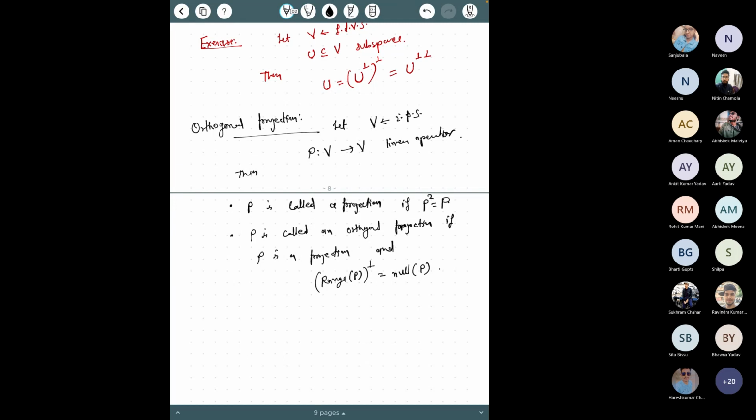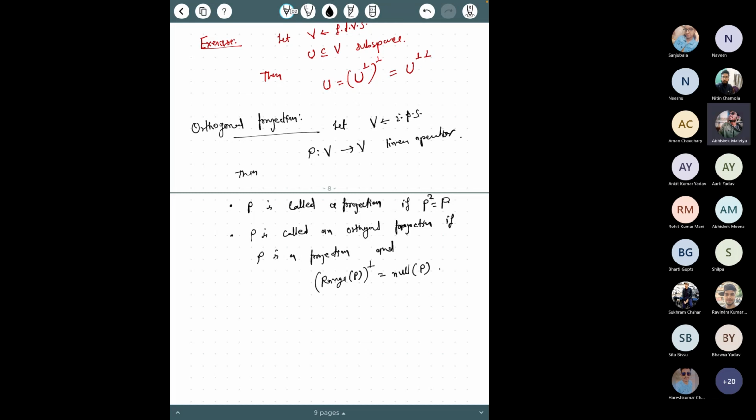But if the angle is different, then it is not orthogonal, but it is still a projection. So there are different ways of projecting a space on some other space. This is an oblique projection. There are many kinds of projections, but we are interested here in orthogonal projection.